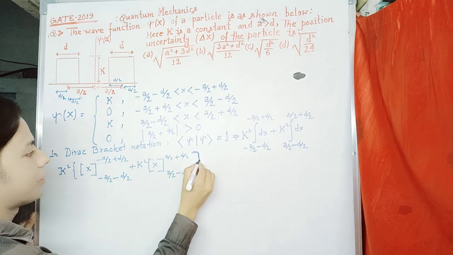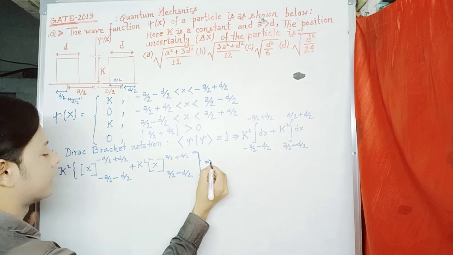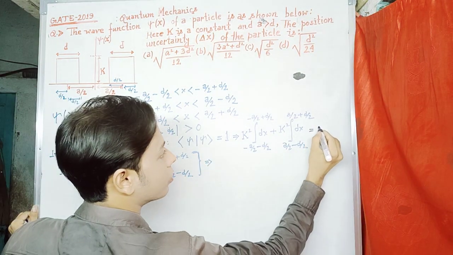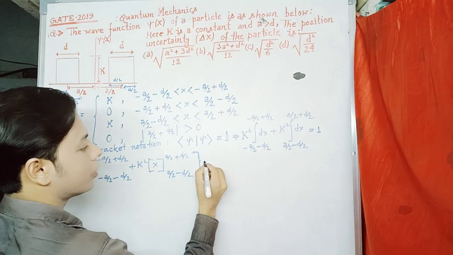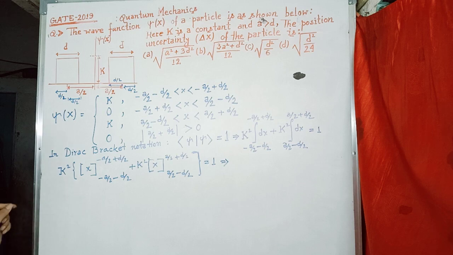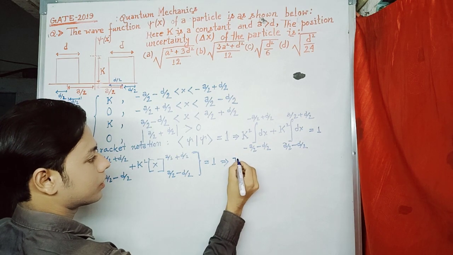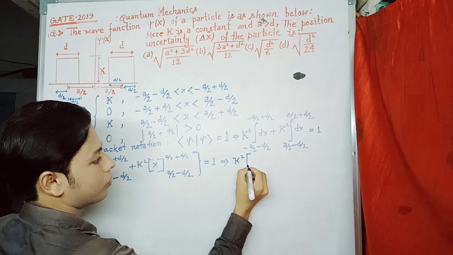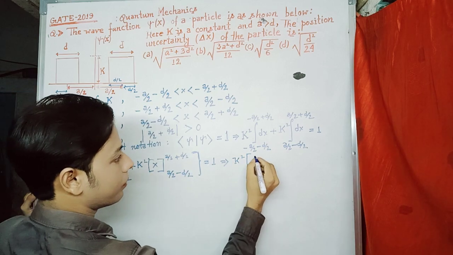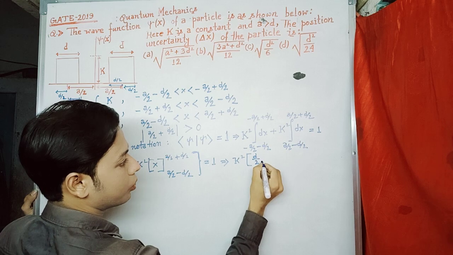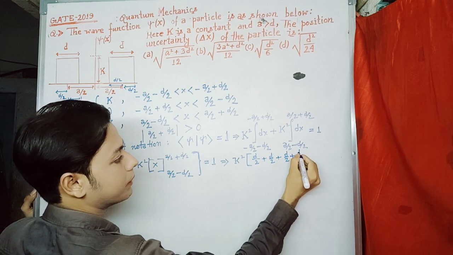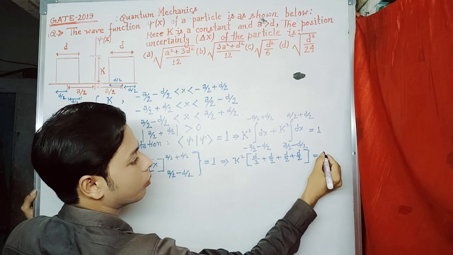Now if we carry out this integration, and we know this value is equal to 1, k square will be common, and the value will be d divided by 2 plus d divided by 2 plus d divided by 2 plus d divided by 2, which will be equal to 1.